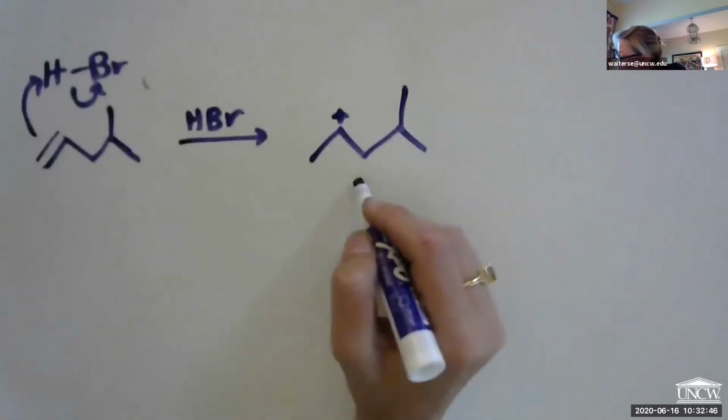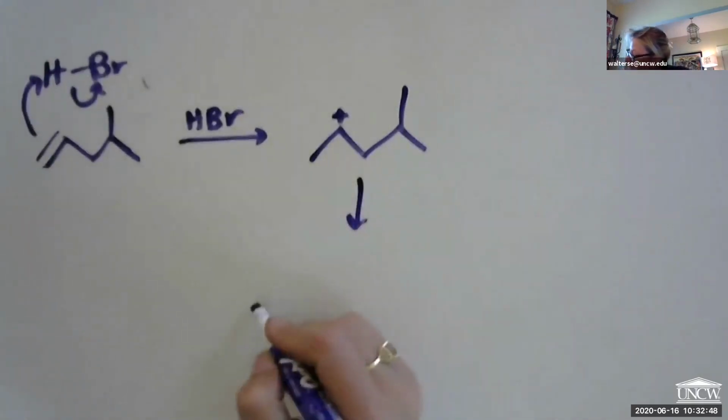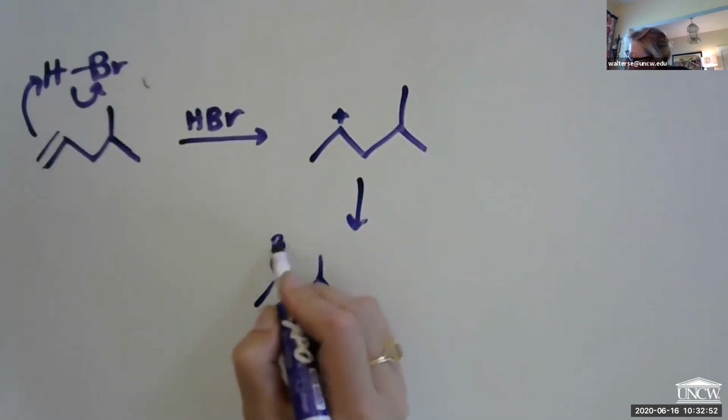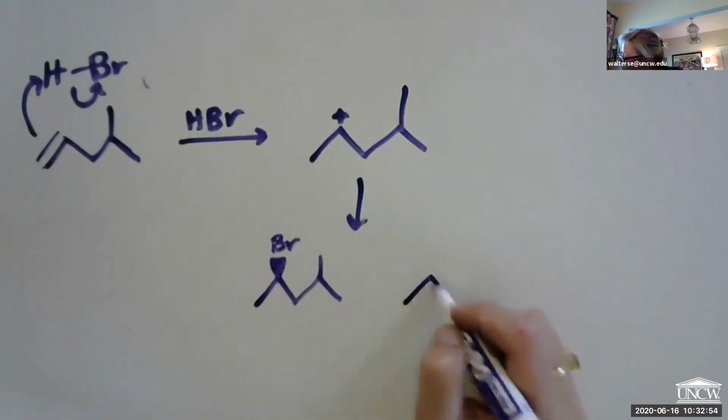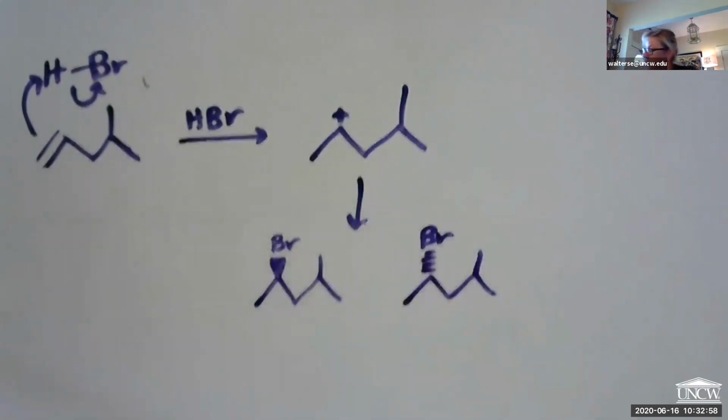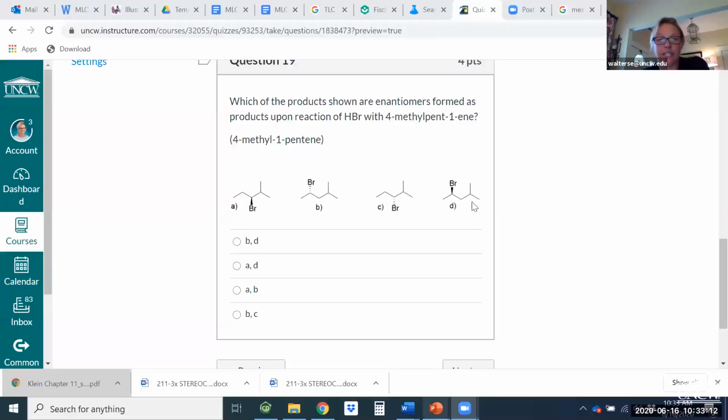So when you have the attack, it'll occur on the top and the bottom. So you're going to end up with bromine here on a wedge and on a dash. Okay, so B and D.